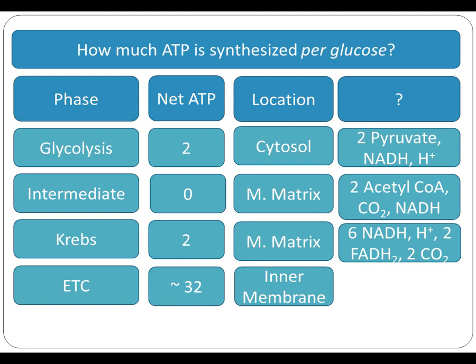Then NADH and FADH2 are used in the electron transport chain, which produces a whole heck of a bunch of ATP. But also what byproduct is produced here? Water, H2O.